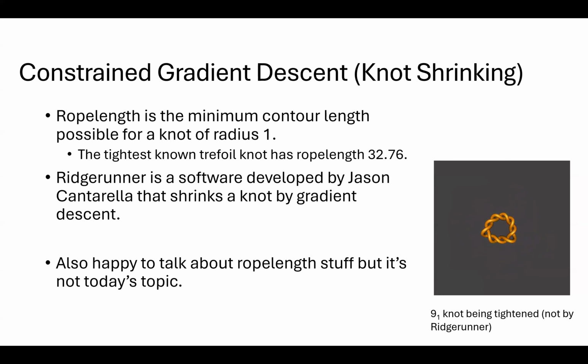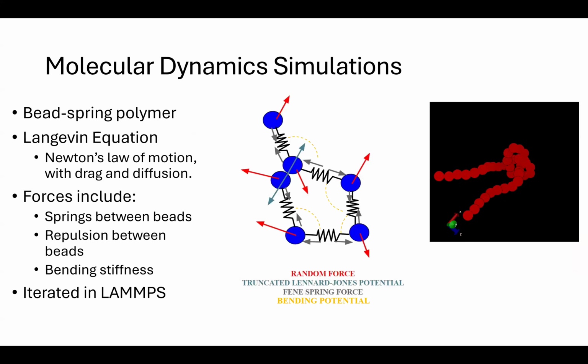For example, the tightest known trefoil knot has a rope length of about 32.76, which means for a rope that is 1 inch in diameter, you need about 16.38 inches of rope to tie it. There's a software called Ridge Runner that performs gradient descent on a closed curve while respecting this no overlap constraint. And basically, I use that. You get the point by now.